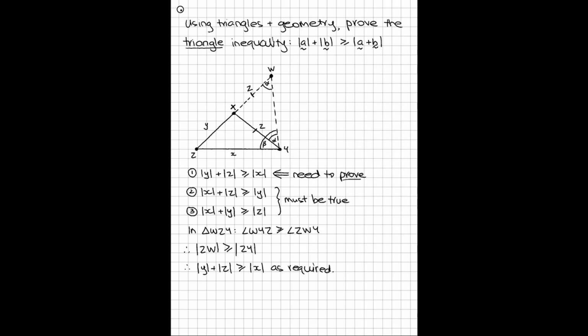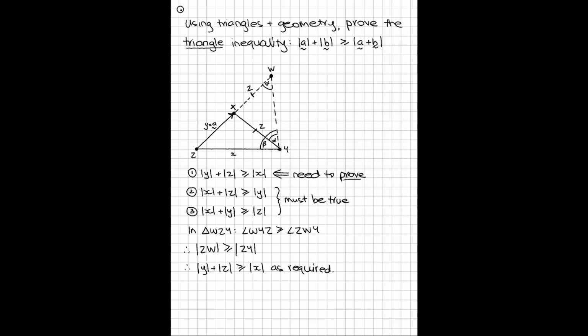But now what we want to do is, if we come back to our original triangle, think of it in terms of vector notation to get it into the format that you might more commonly see, and it's essentially the format that I used when I was proving this algebraically in my prior video. So if I start by thinking about side y as vector A, that's the vector going from z to x.